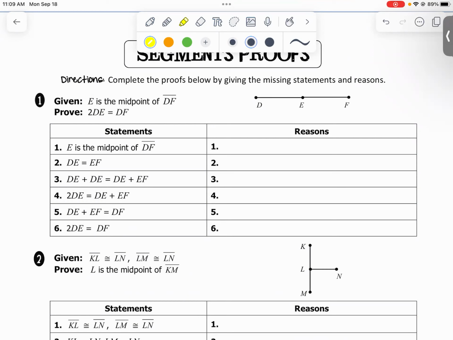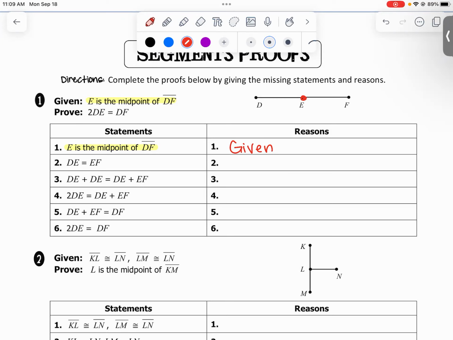What do we always start with? What's our first set? We always start with the given. Okay, so our given information: E is the midpoint of DF. Well then we're gonna think, okay, what do we know if we have a midpoint?